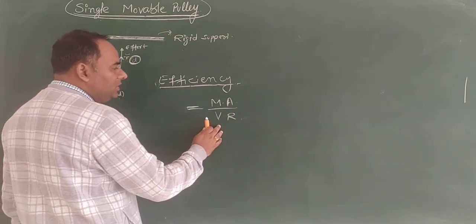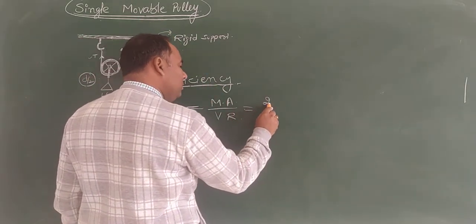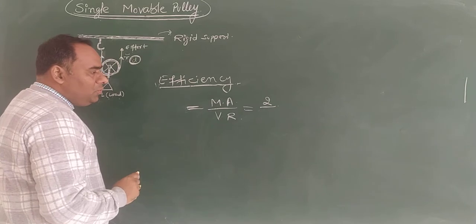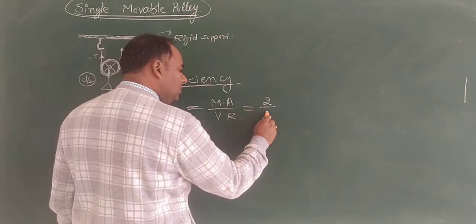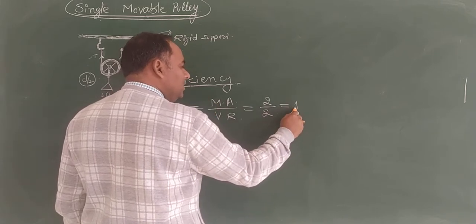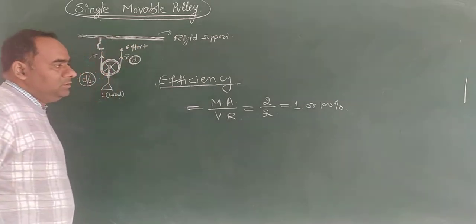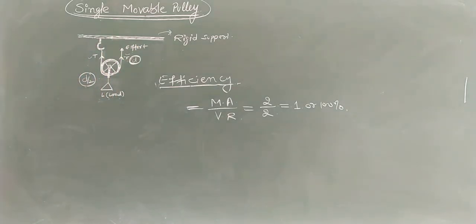So this is your efficiency. So what is the mechanical advantage for a single movable pulley? For a single movable pulley, the mechanical advantage is 2 and the velocity ratio is also equal to 2. So therefore in this case efficiency is equal to 1 or 100%. Clear?